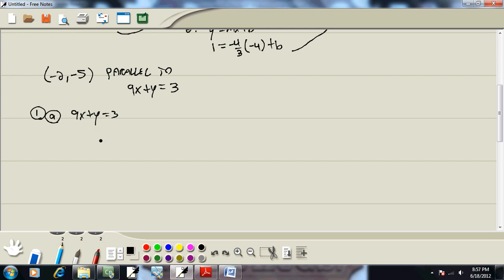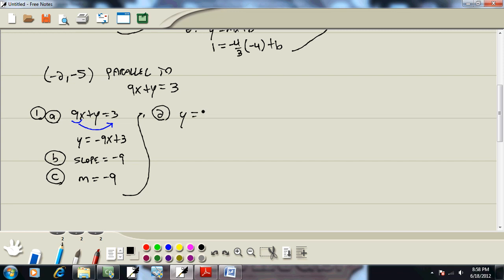So we want to solve for y. I'm going to take the 9x over to the right side, and we get y is equal to negative 9x plus 3. Identify its slope. If you've got it in slope-intercept form, your slope is whatever's before your x, which is a negative 9. And parallel lines have the same slope, so the m we're trying to find is also going to be a negative 9.